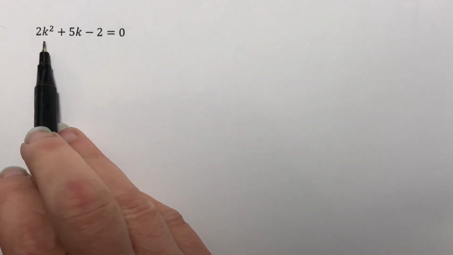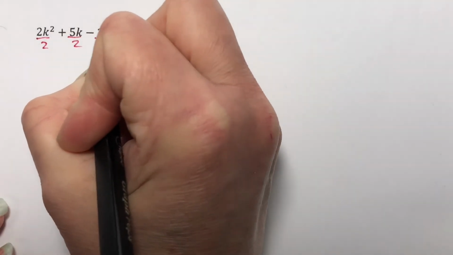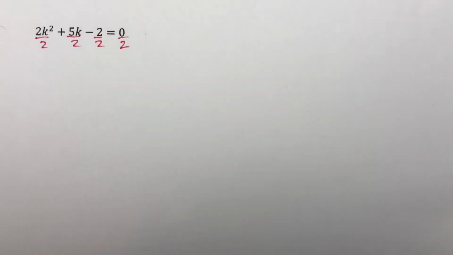Okay, so let's try this problem. The first thing we have to do is we need to divide everything by a 2. Okay, so divide by 2, divide by 2, divide by 2, divide by 2.